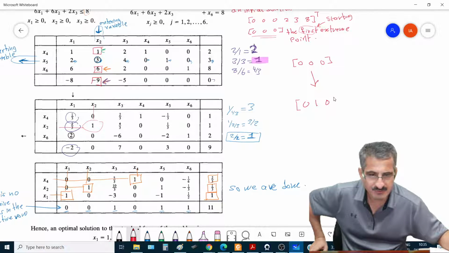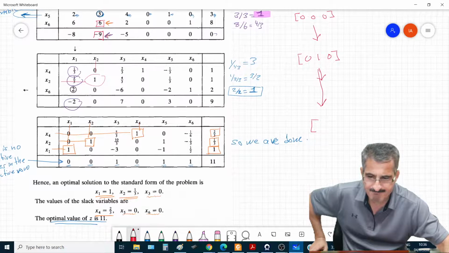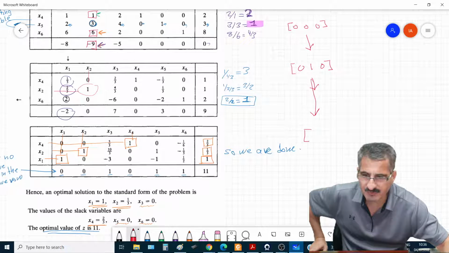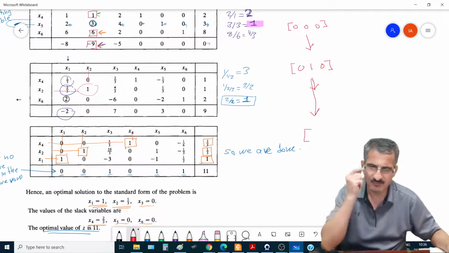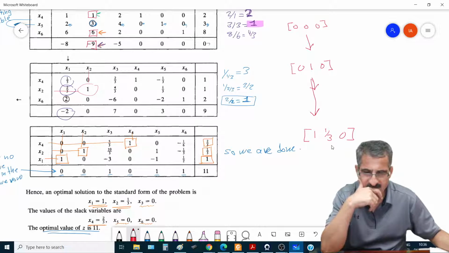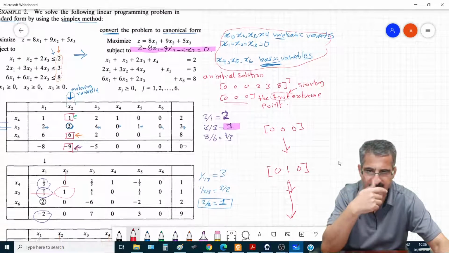So 0, 1, 0, and then we moved to what? Okay, x2 is 1. Then we moved, I believe now to 1, 3, 0. Okay, and we got the optimal solution here, which makes z equal 11, right?